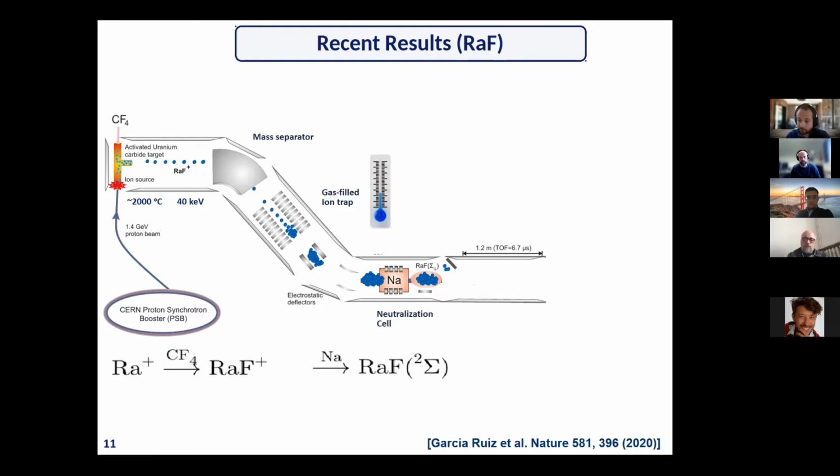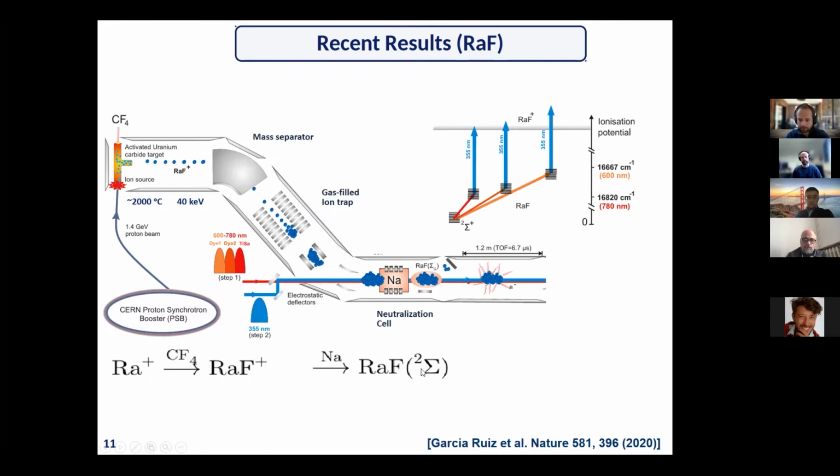So we have a kind of quasi-resonant charge exchange process that hopefully will populate radium fluoride neutral, mainly in the ground state. Once we produce the neutral molecule, that is the one that is interesting for this study, right? The one that has the proper symmetries, then we can send different lasers to study the properties.